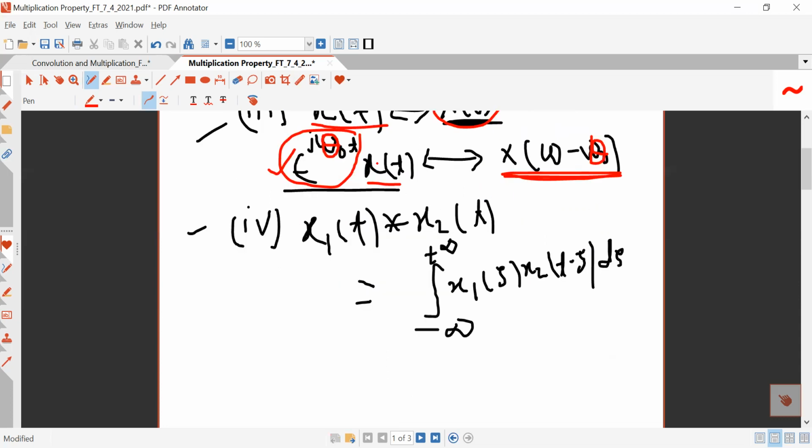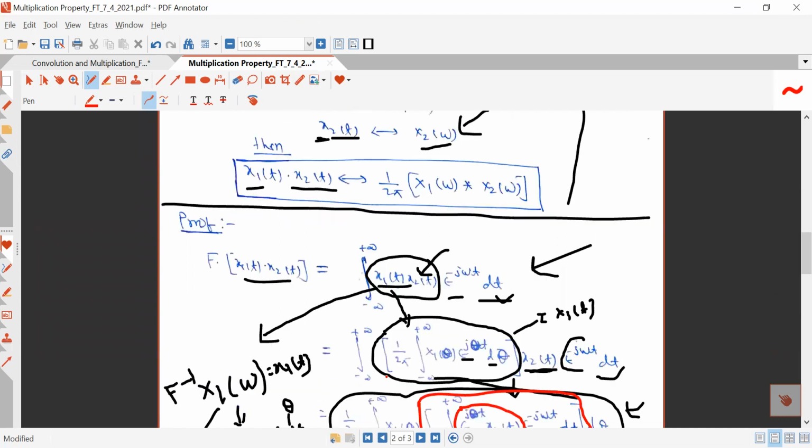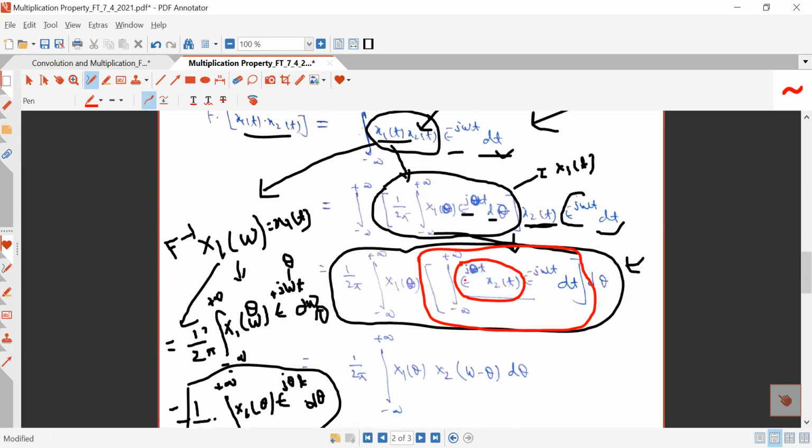So in this expression you can see e to the power j theta t is multiplied with the signal x2(t). The Fourier transform of x2(t) is X2(omega). Then what will be the Fourier transform of e to the power j theta t into x2(t)? The Fourier transform will be shifted in the right direction by an amount theta.